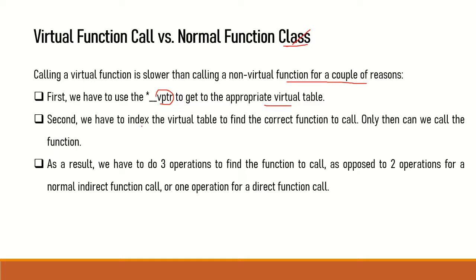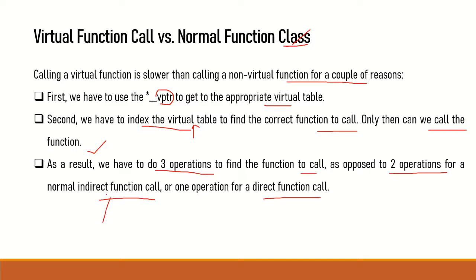Second, we have to index the virtual table to find the correct function, because I mentioned the virtual table is a static array. So when there is an array, we need to go through the proper index to retrieve the function address and get the call done. Only then can we call a virtual function. As a result, we have to do 3 operations to find the function call, as opposed to 2 operations for a normal indirect function call, or 1 operation for a direct function call.